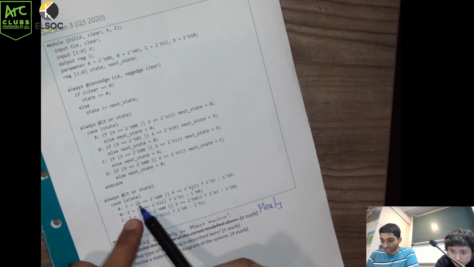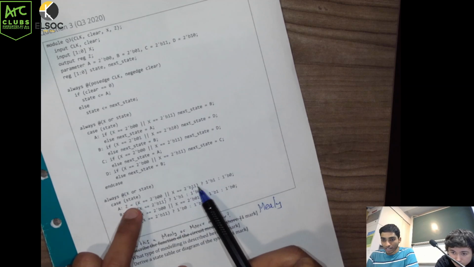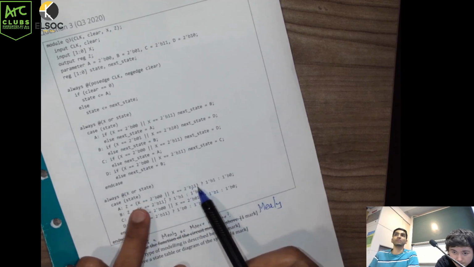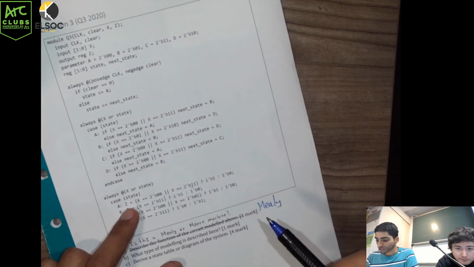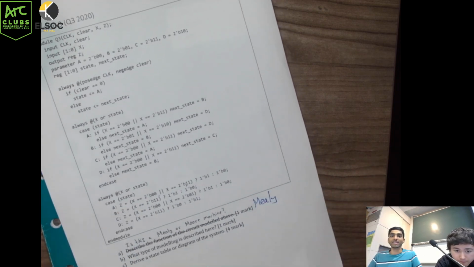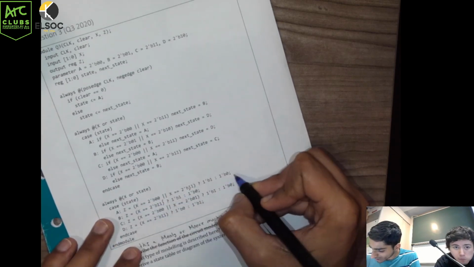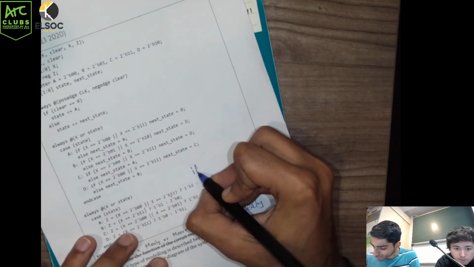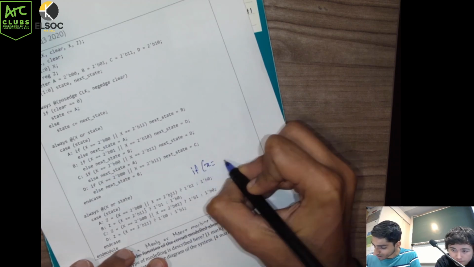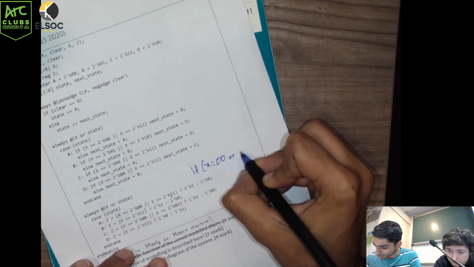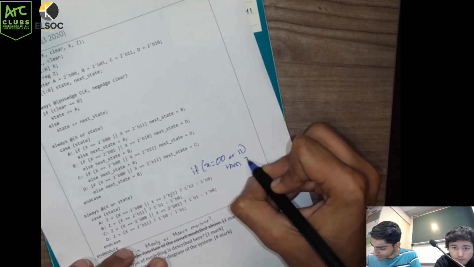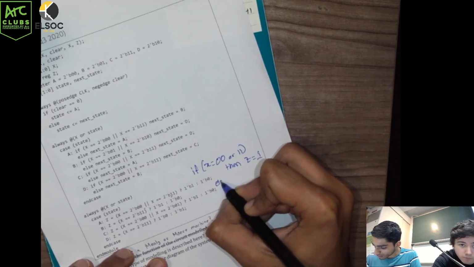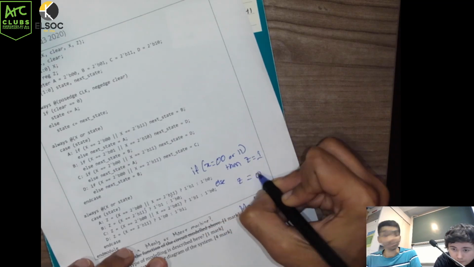Because it's a function on X, that's why it's a Mealy machine. This fun little syntax here is just a short way of writing an if statement. So this would expand to: if X equals 00 or 11, then Z equals 1, else Z equals 0.